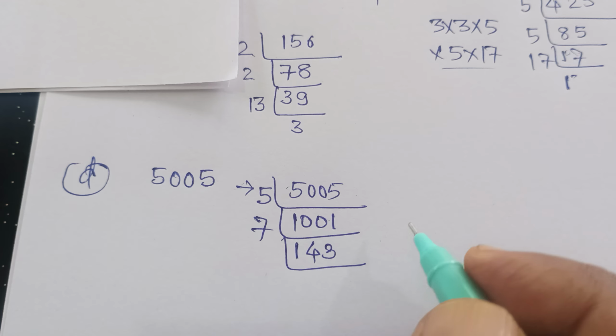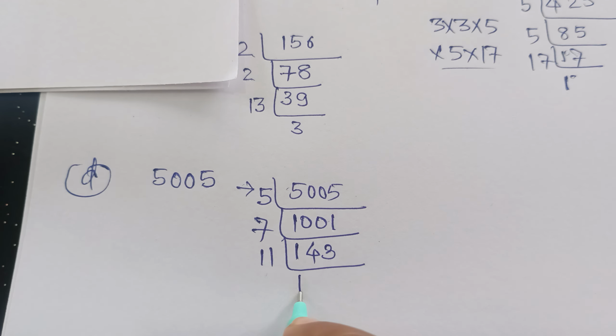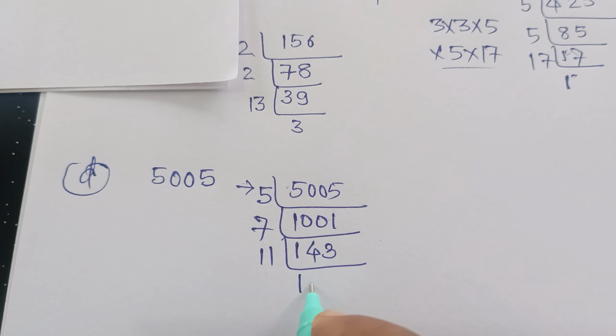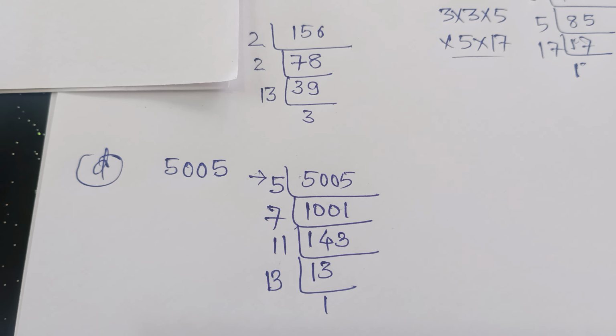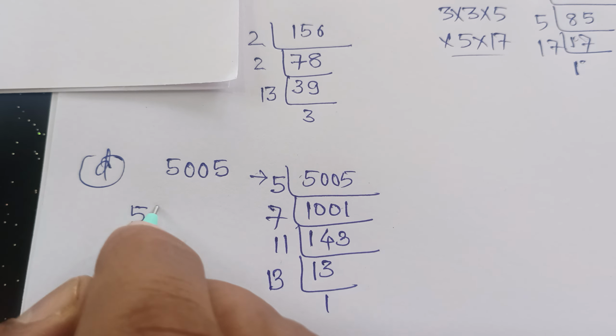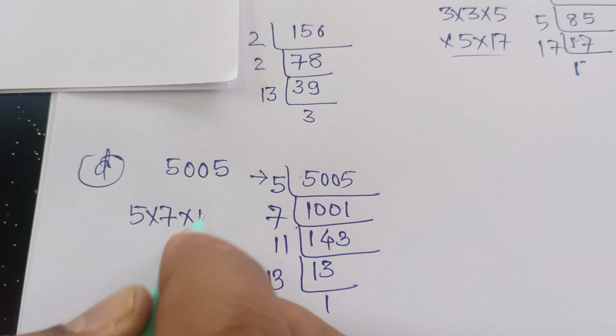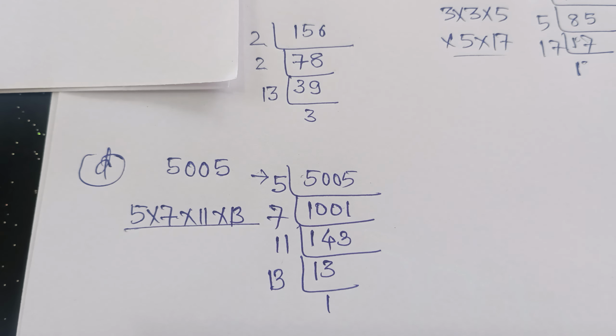Now we have to start with 11. 11 ones are 11, 11 threes are 33. Now 13 into 1, so we get 13. So the prime factorization is 5 into 7 into 11 into 13.